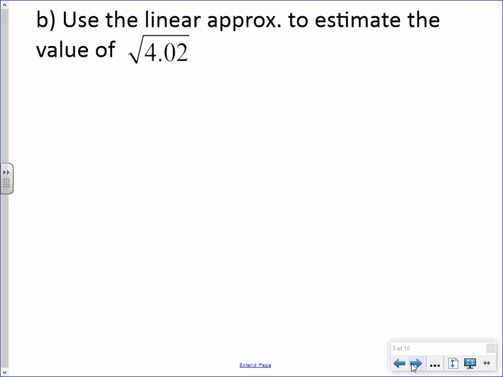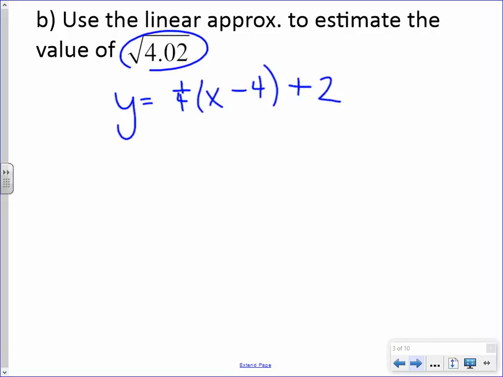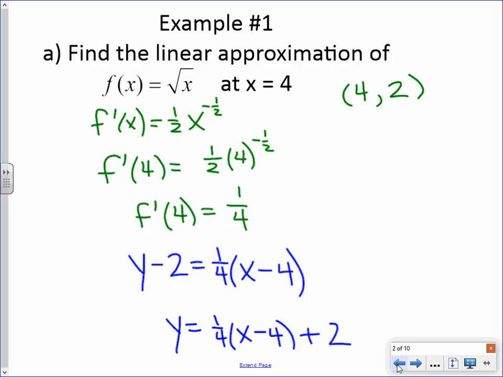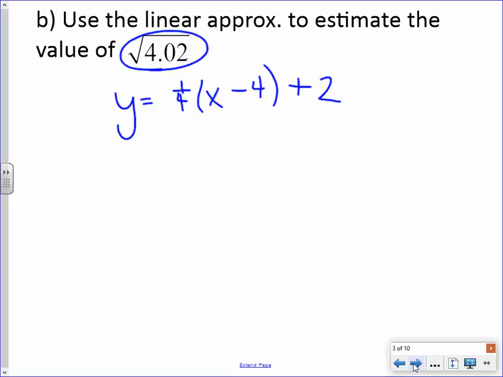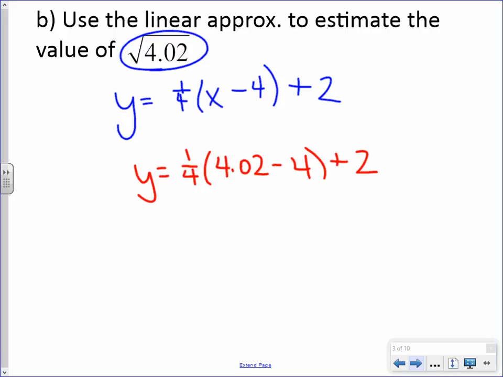So I'm going to go ahead and rewrite our tangent line equation here.